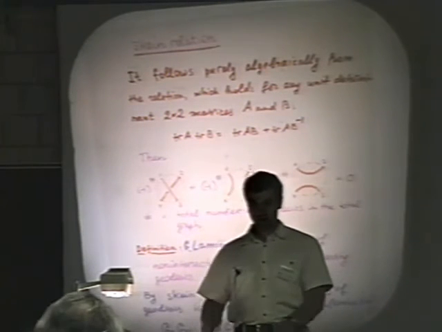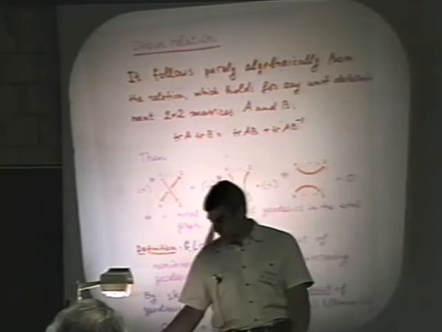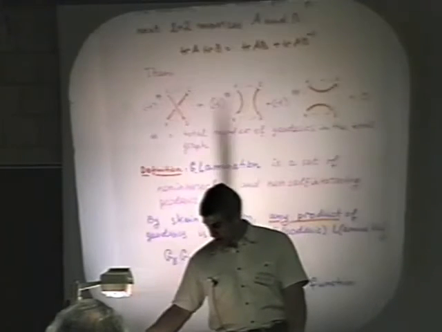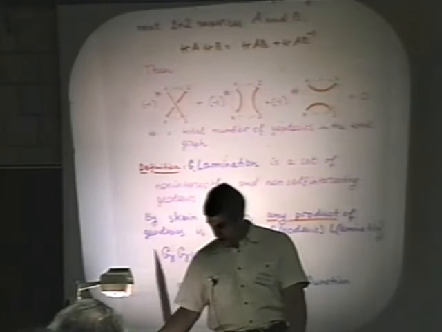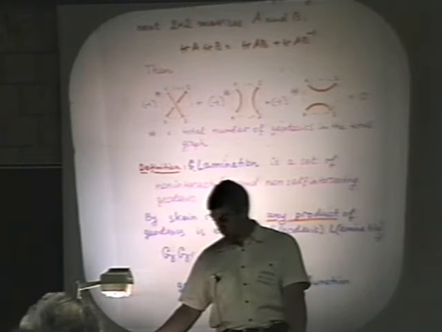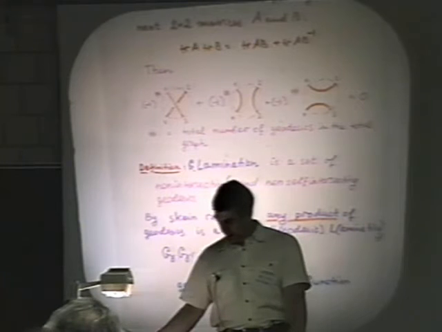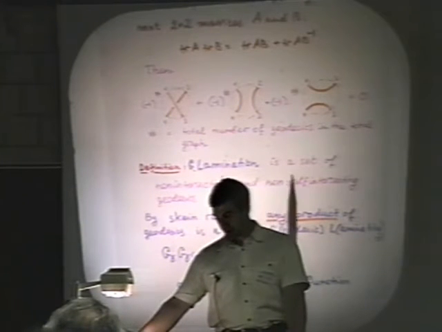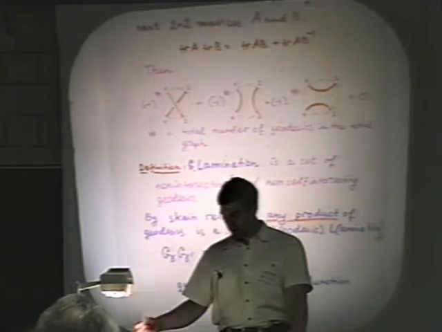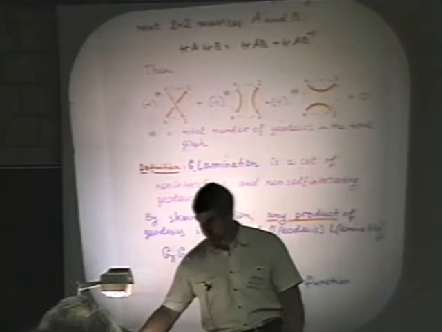So if we have a product of intersecting geodesics, we may always say that this product can be presented as a linear combination of what we call geodesic laminations. And a geodesic lamination is by definition a set of non-intersecting and non-self-intersecting geodesics.